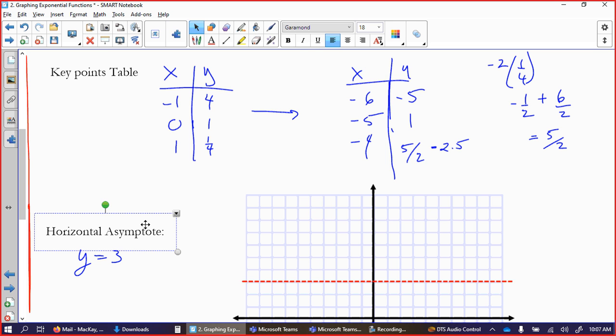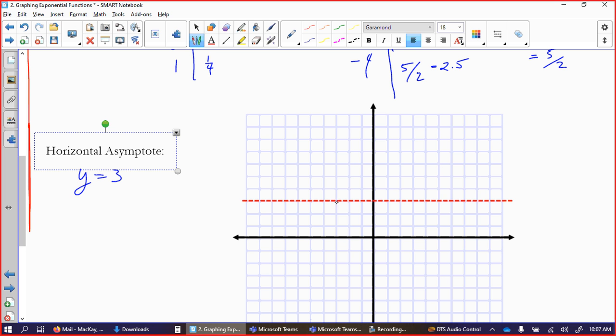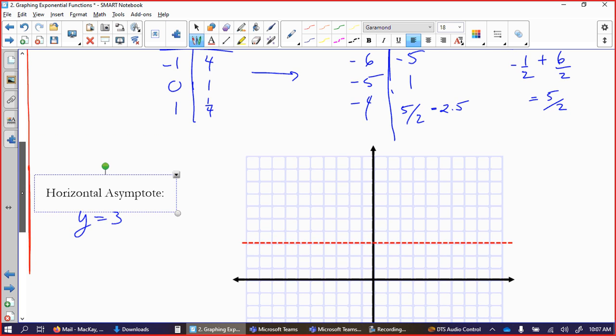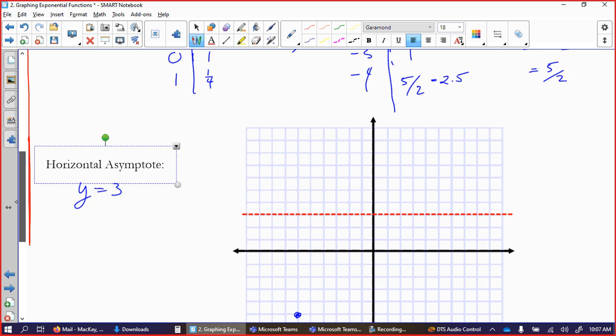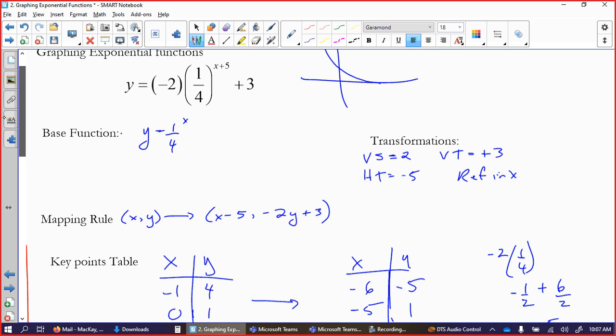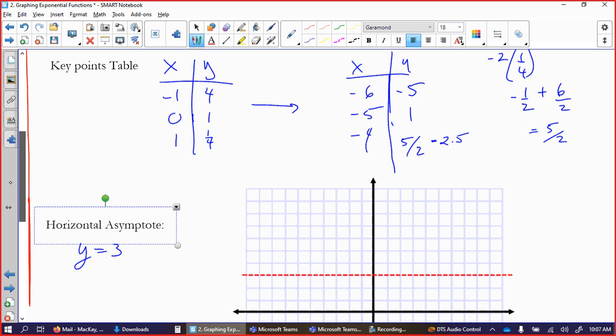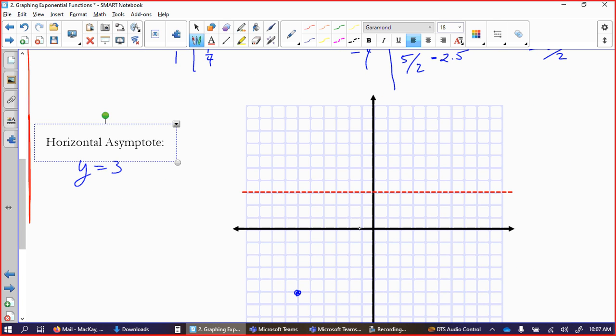So there's our horizontal asymptote. -3, 1, 2, 3, 4, 5, 6. -3, -5 and 1.